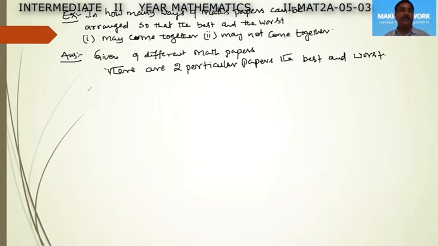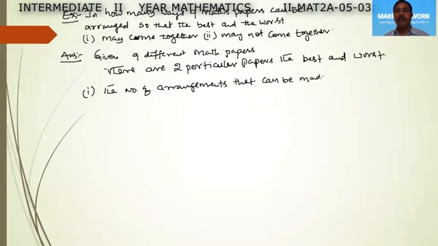So here the first condition is the two particular papers come together. The number of arrangements, means permutations that can be made from 9 different things here.